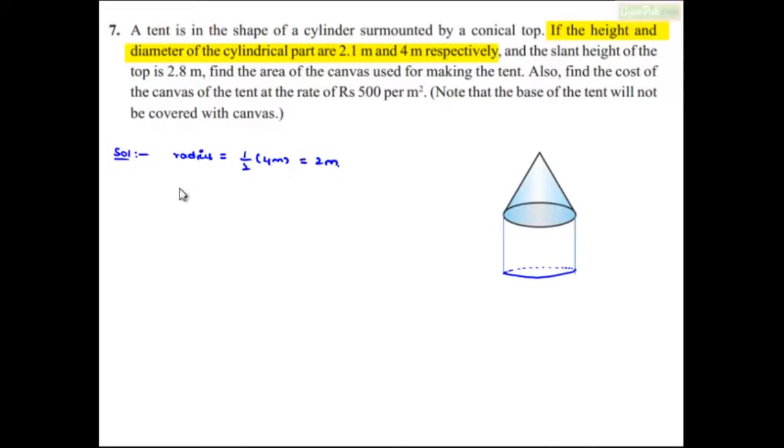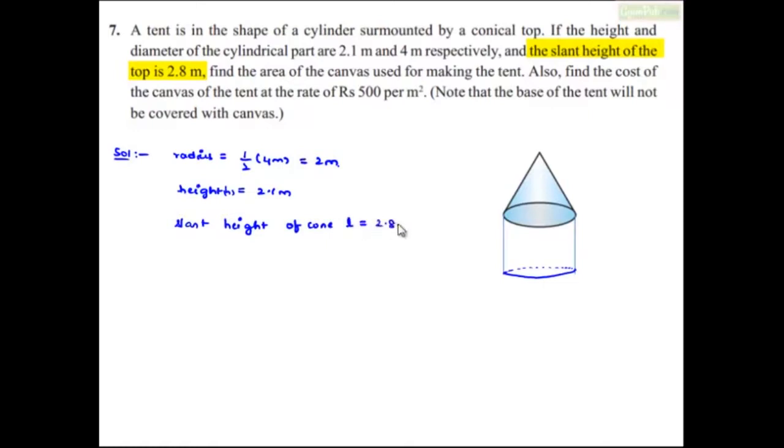And he has given the height of the cylinder, that is equal to 2.1 meters, and the slant height of cone L is equal to 2.8 meters. So let us represent here. It is 2.8 meters. The diameter is 4, so radius will be 2, and the height is given as 2.1 meters.